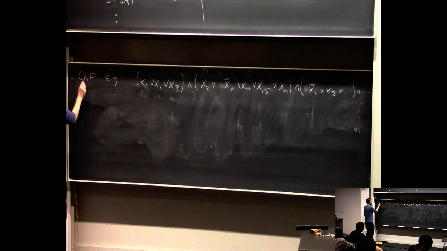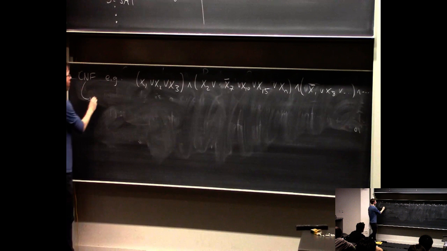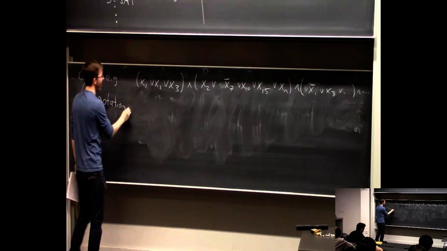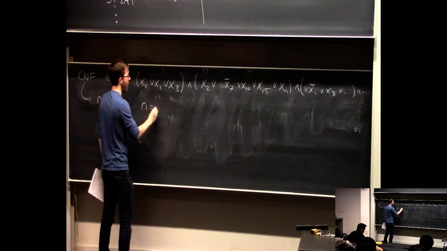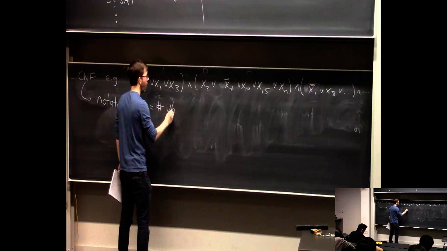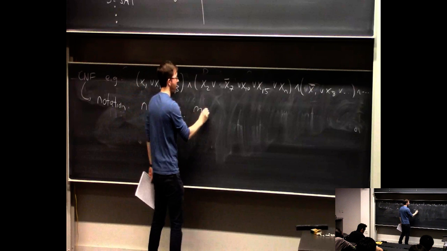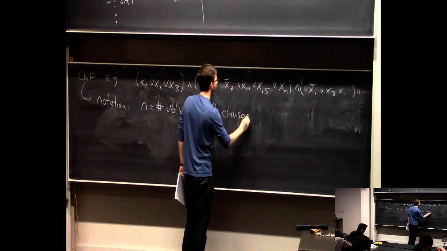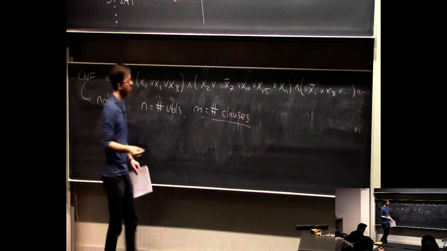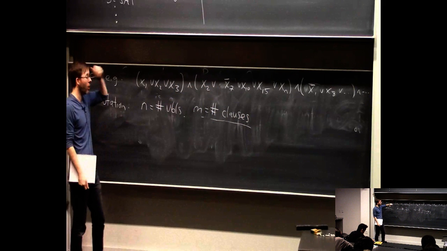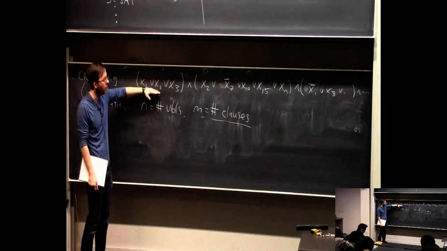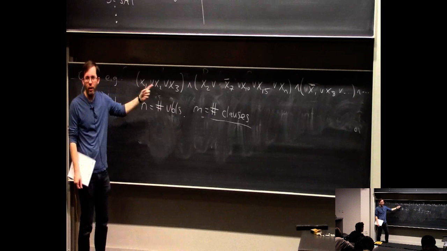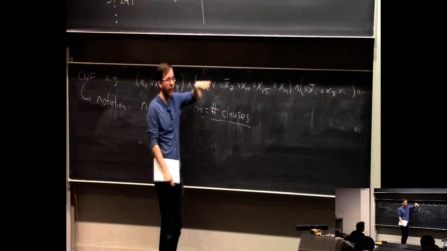This is also a little bit annoying, but for CNF problems, we change the notation a little bit. N is still the number of variables, but we just say M is the number of clauses. Unfortunately, I have to keep changing notation because it's not quite the same thing. If you were to write this as a formula, you'd have to break up these ORs into a tree and count the number of gates.